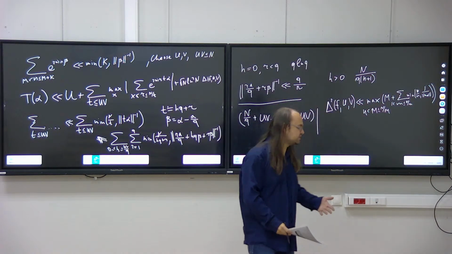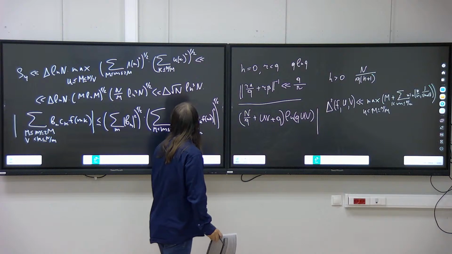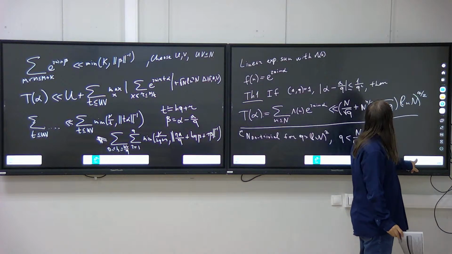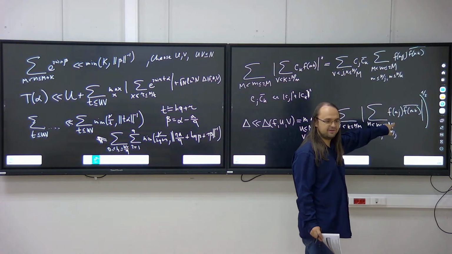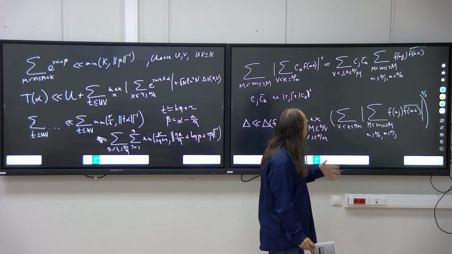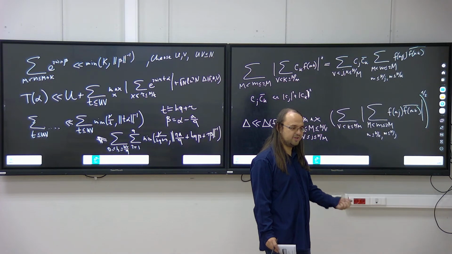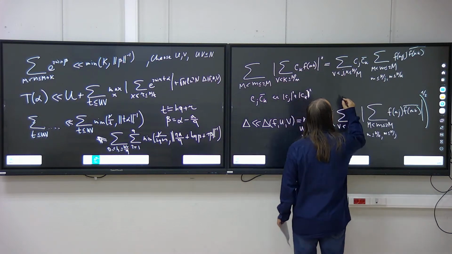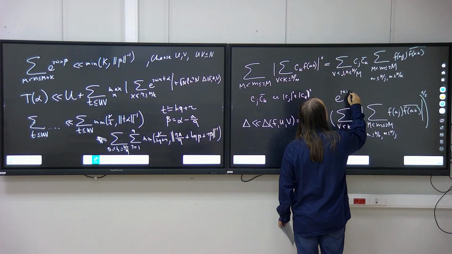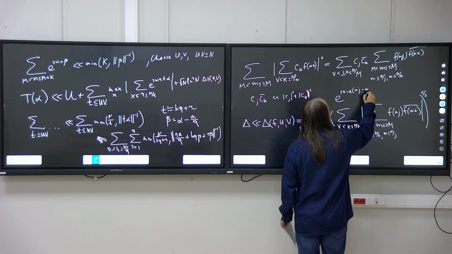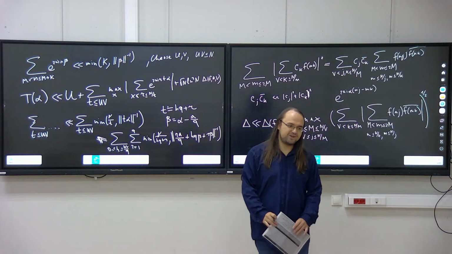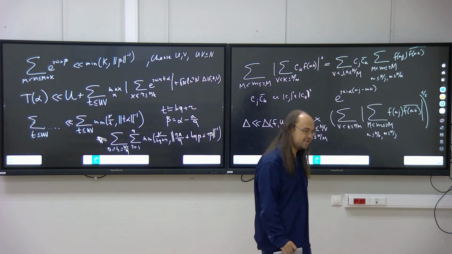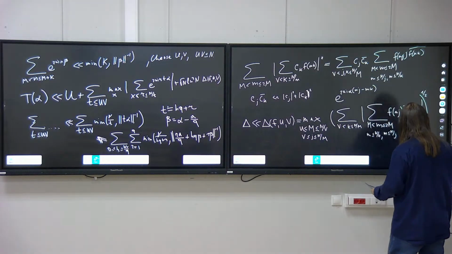This is the same because in delta, let me show you, in delta, it wasn't here, I think, maybe here, yeah. In delta, you get this sum, and in the case when f is your complex exponent, you once again get a linear sum in m, right? So if you get a complex exponent, you get e to the 2 pi i alpha, and then mj minus mk. So you get a complex exponent and a sum over m.